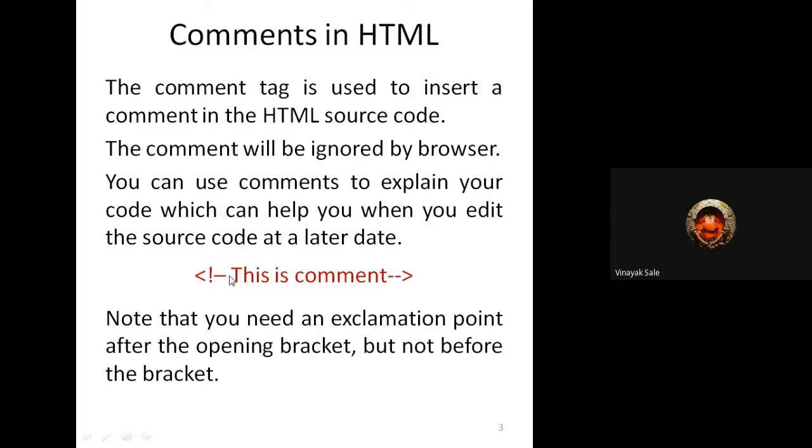Then whatever comment statements you want to give, and then end with double dash and then closing angle bracket. This comment will be ignored by the browser. You can use comments to explain your code, which can help you when you edit the source code.